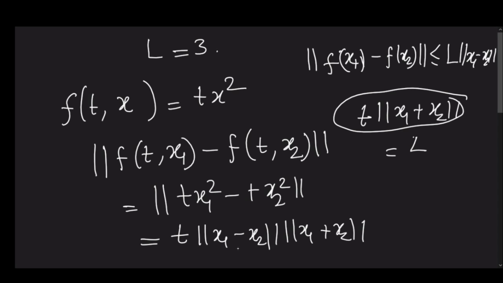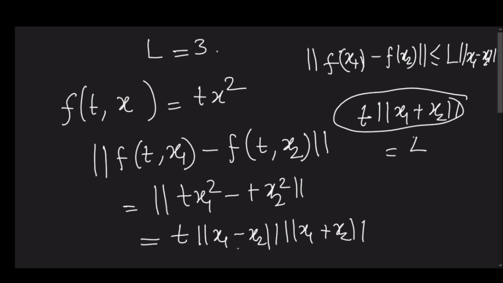But in some other cases it can be Lipschitz, like if you try to check whether it is Lipschitz with respect to t or not. Here I would like to mention one thing: if it is a function that takes two arguments, you can check whether the function is Lipschitz or non-Lipschitz with respect to one argument itself.